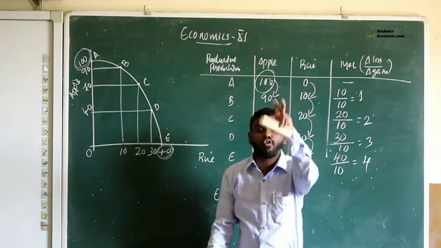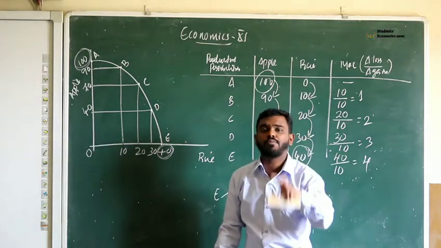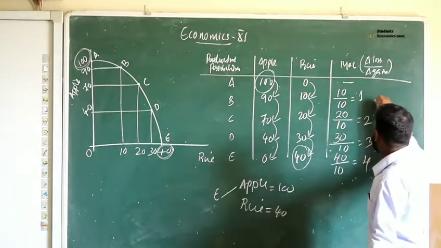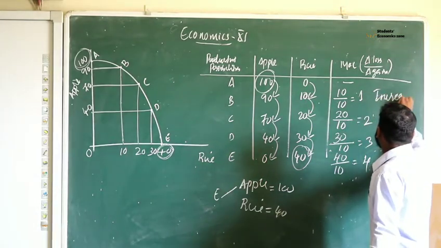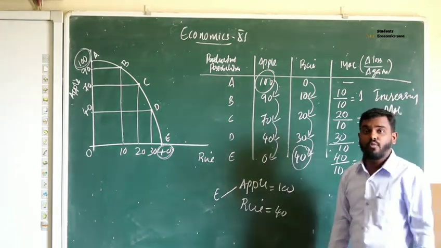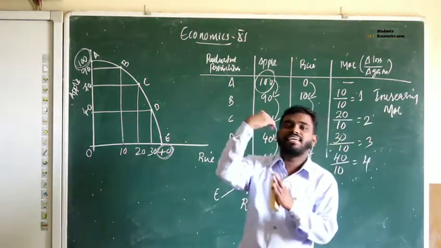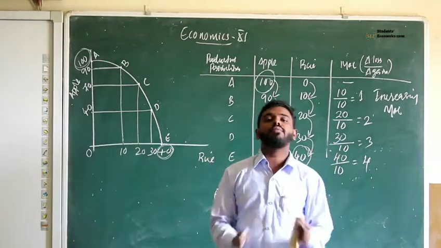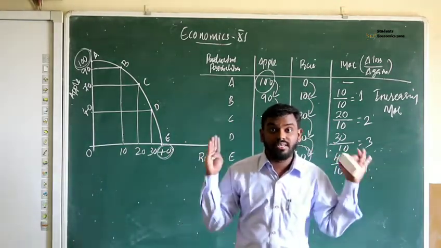The reason for the concavity of this production possibility curve is increasing MOC. If MOC is increasing, then the production possibility curve will become concave to the origin.